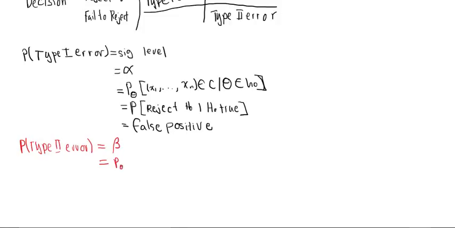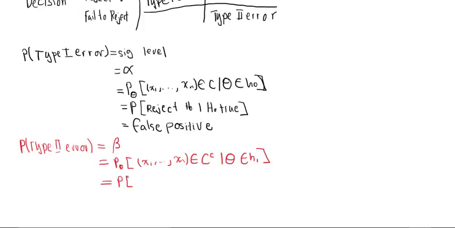Using our terms that we've already defined, this is the probability our sample is not a subset of C, it is in the complement, given that theta is a subset of H1, or the alternative.